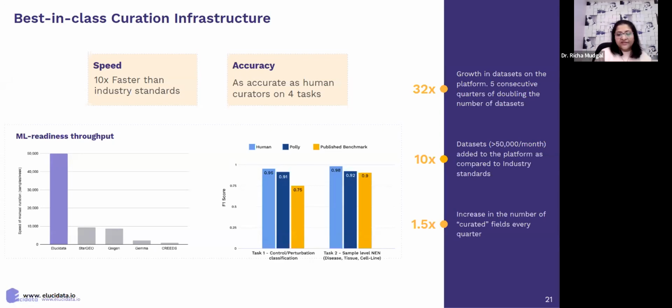What we observe is that the models we have generated for different metadata fields have very high accuracy, and that helps us grow data sets, something that would take much slower for others to curate. We're able to do that about 10 times faster.